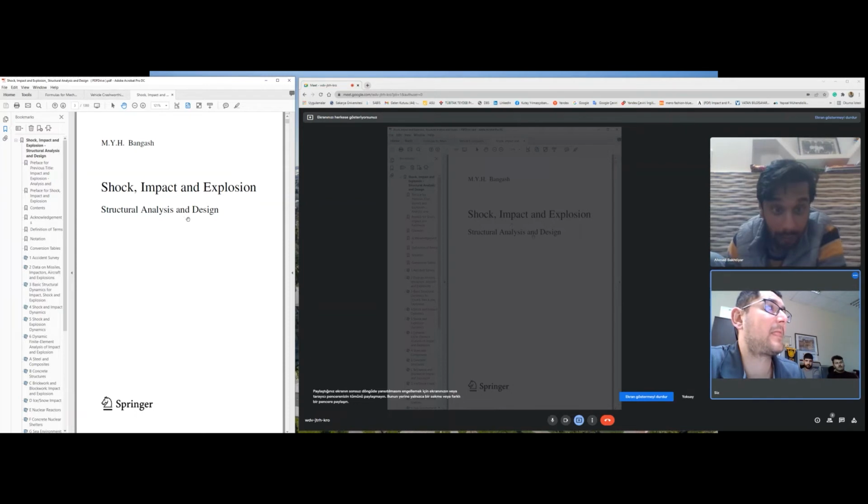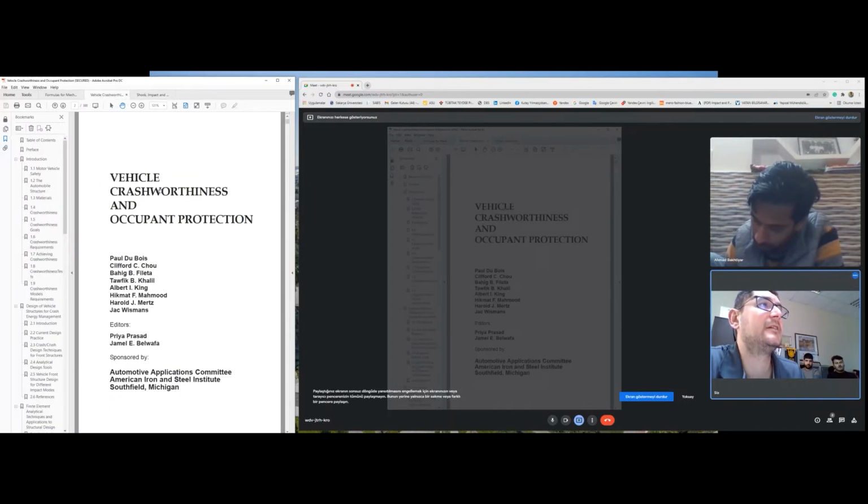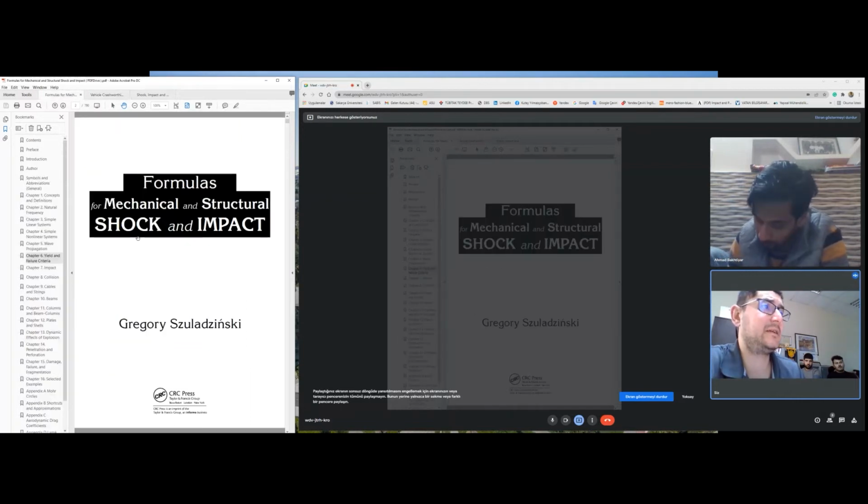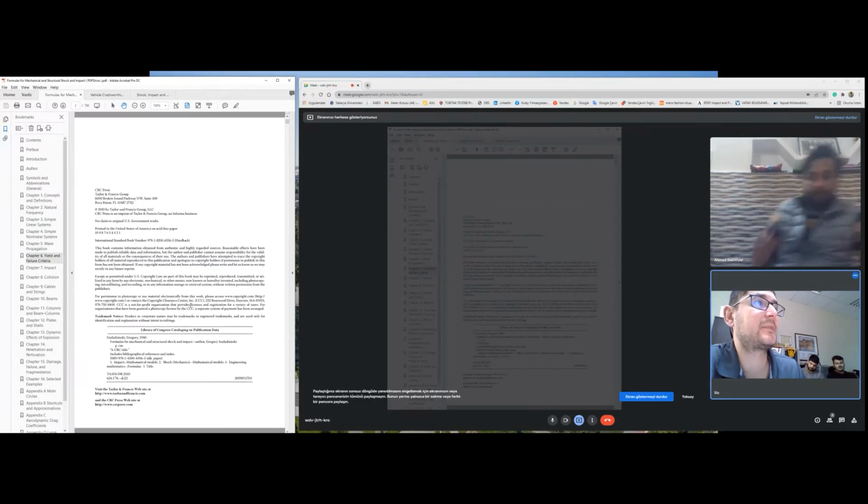One of them, Shock, Impact, and Explosion. The other one, Vehicle Crashworthiness and Occupant Protection. But I think the most important document is Formulas for Mechanical and Structural Shock and Impact, from Grigory Sulazinski.